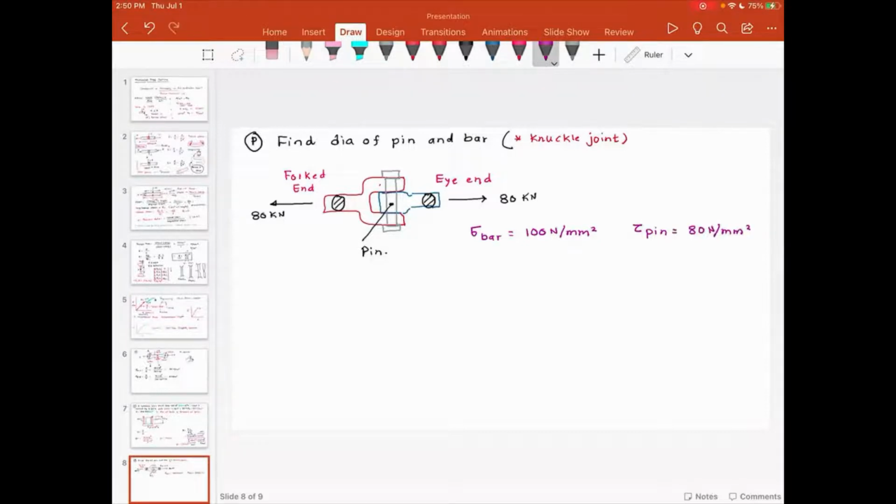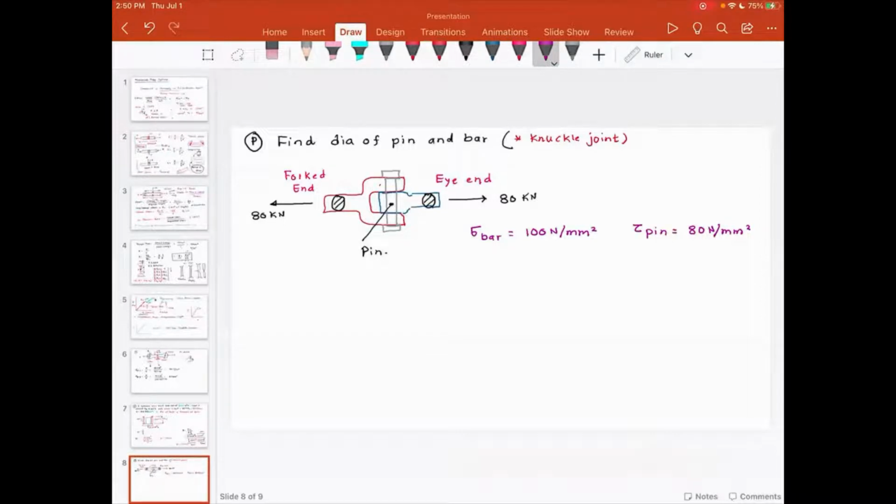Now, what I want you to do is look at this problem for a minute. And I want to ask you this question. If the bar fails, would it be a tensile failure or would it be a shear failure?